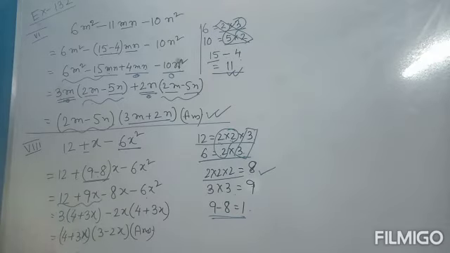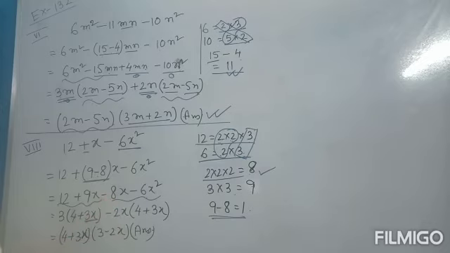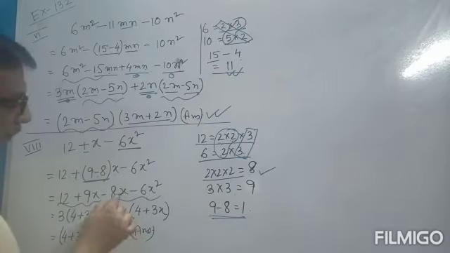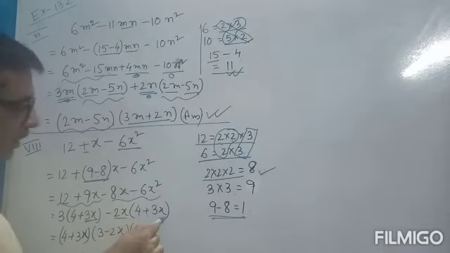In 12 and 9, 3 is the common factor, so take 3 common, this is 4, 4 into 3 is 12, and this is 3x. And the common term of these two, 8 and 6, 2 is common to both, so we take 2 common. This is x, this is x square, so again x is common, we take common 2x, so this is 4, and with the minus common, it is plus, that is 3x.